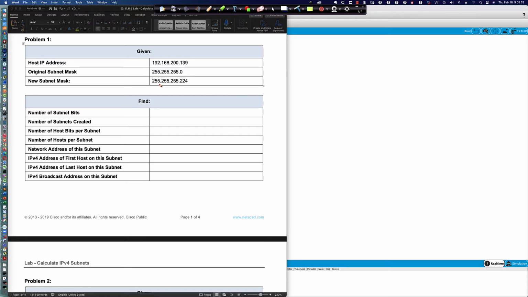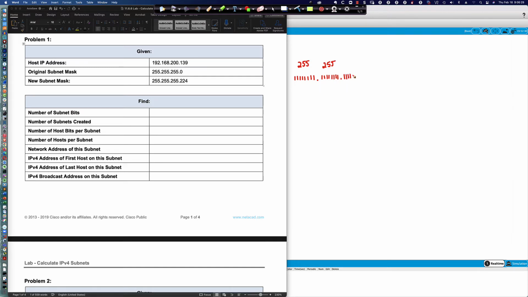If it's 255, that means all 8 of the bits in that octet, 1, 2, 3, 4, 5, 6, 7, 8, dot, are turned on, meaning they're ones, and the decimal value is going to be 255. So we'll say 255 here, and then we'll do the 8 bits.